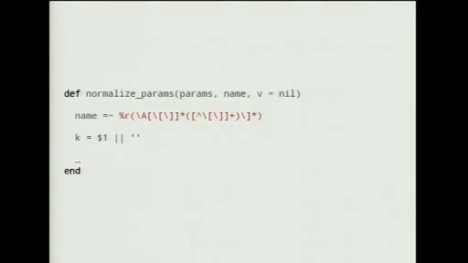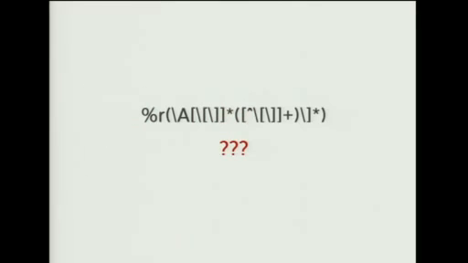So what does normalize params do? Again, one of those beautiful regular expressions. What it does is it flattens: if you have nested empty bracket parameters, it will flatten them down to a single pair of brackets. That's why it's normalizing the data.